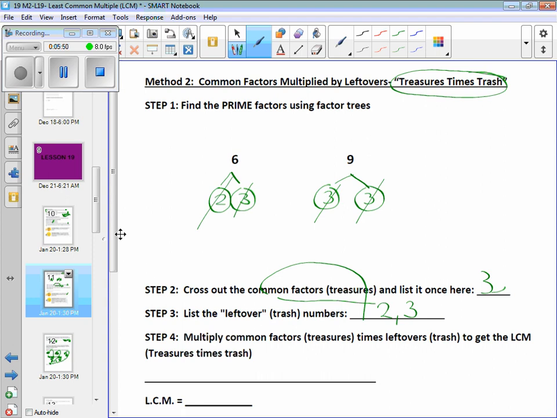Treasures times trash. What's 3 times 2 times 3? 18 is your LCM. Treasures times trash.